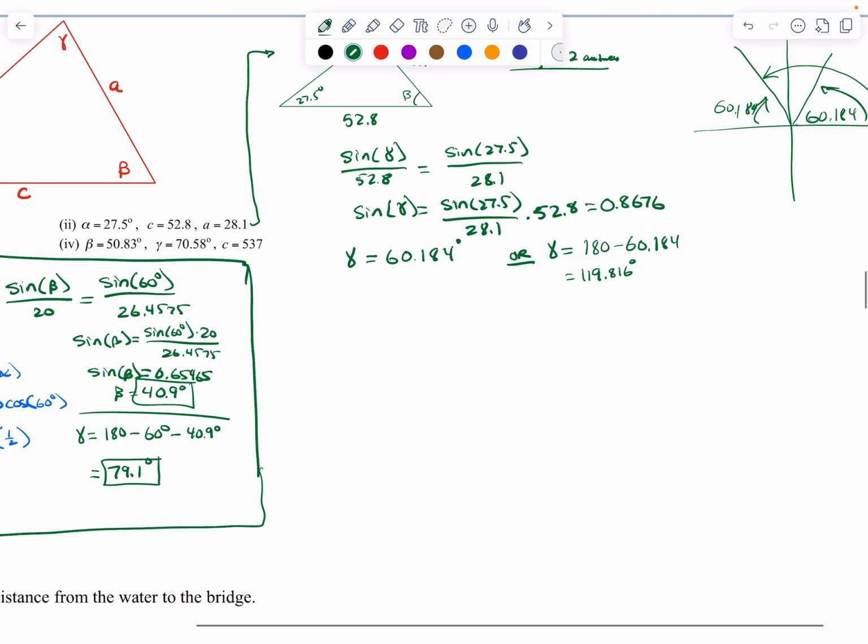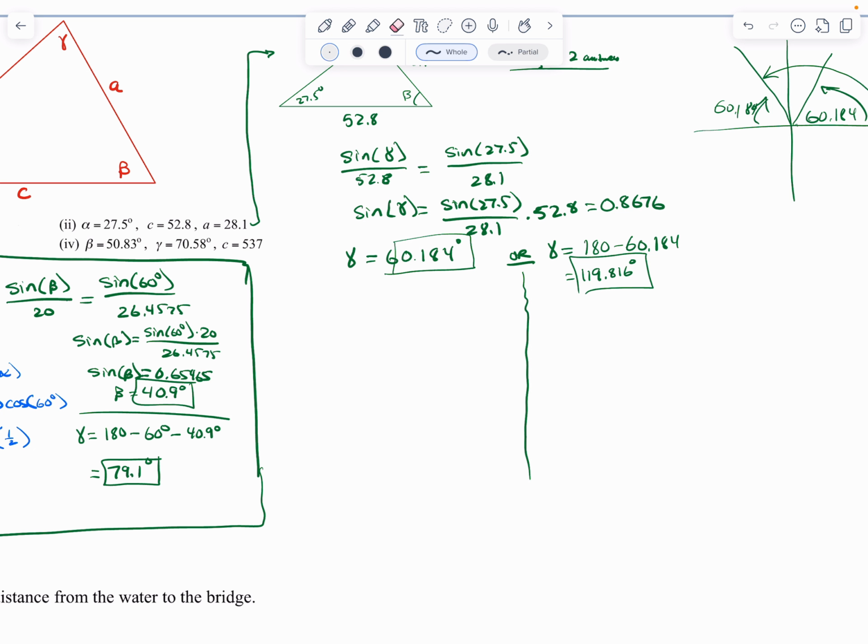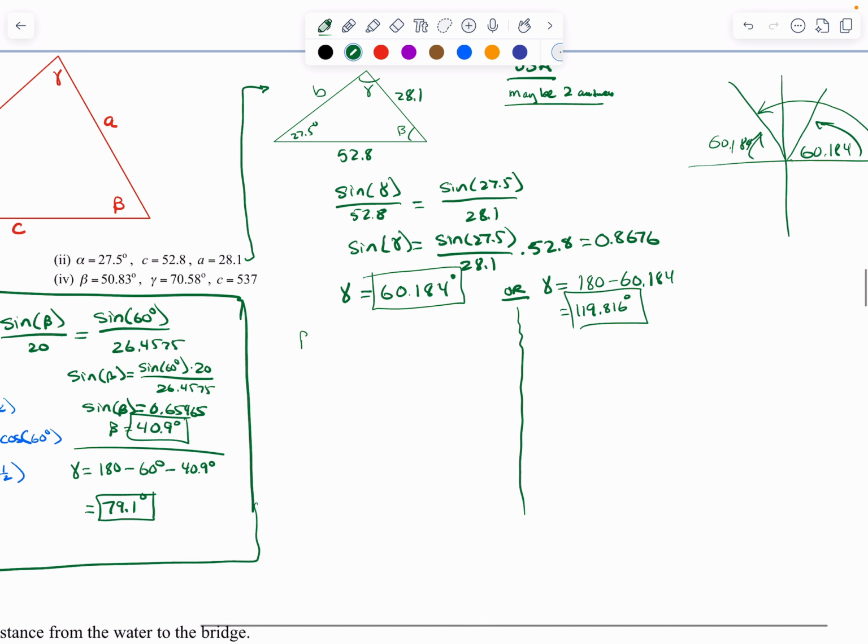Okay, so since we have two possibilities, let's draw a line. If gamma is equal to 60.184, then beta is 180 minus 60.184 minus 27.5. Let's see. So that's 27.5, I guess.